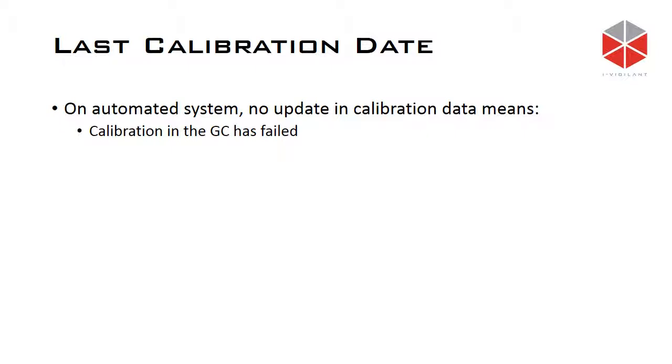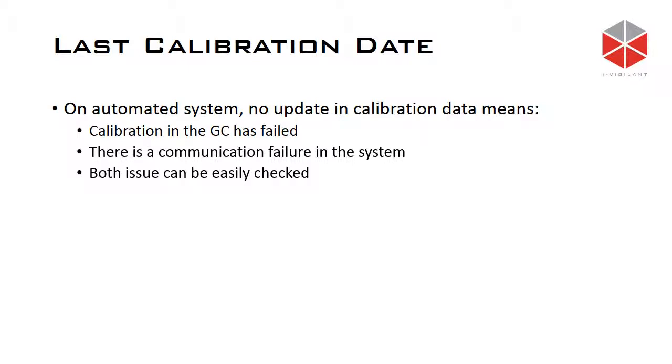The first possibility is that maybe the GC calibration has failed. Some error suddenly happened in the GC so that it doesn't update the response factor, or the response factor deviation is more than the limit set in the GC. The other thing that might happen is a communication failure in the system. Both of them can be easily checked.